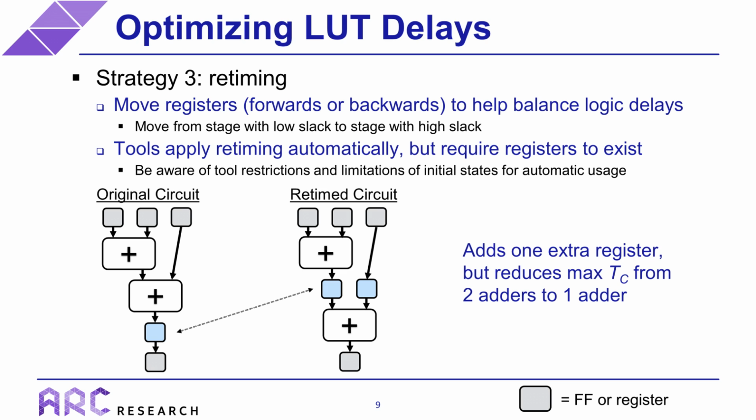So in a lot of situations, you can run into these differences in initial states, and they may not actually affect the correctness of your design, but the synthesis tools have no way of knowing that. They're restricted by these initial states. And so if you know that those differences can't break your design, that is a situation where you will manually have to implement the retiming.